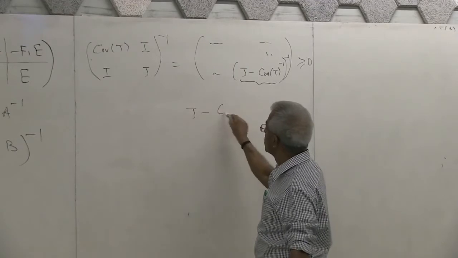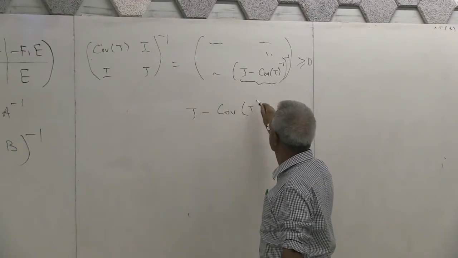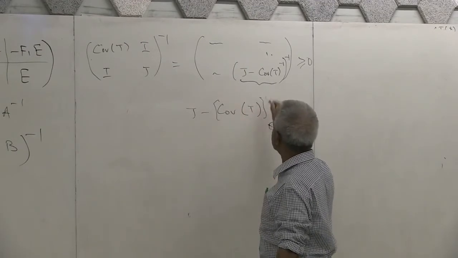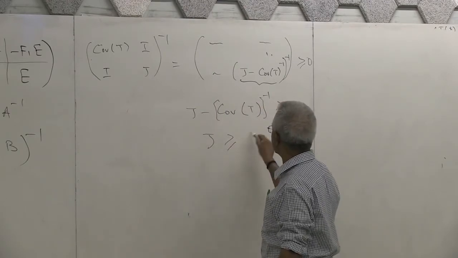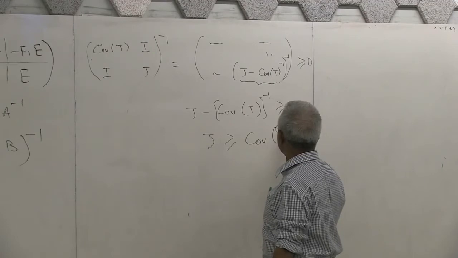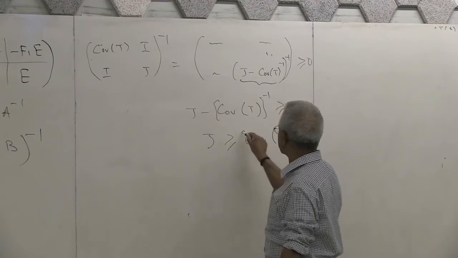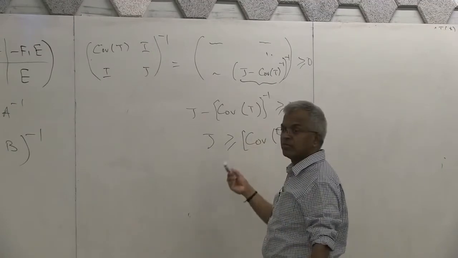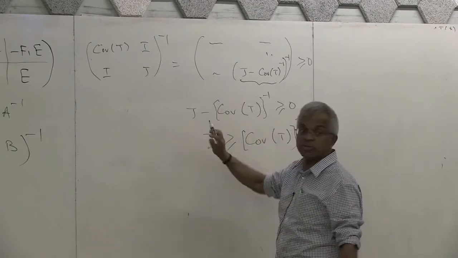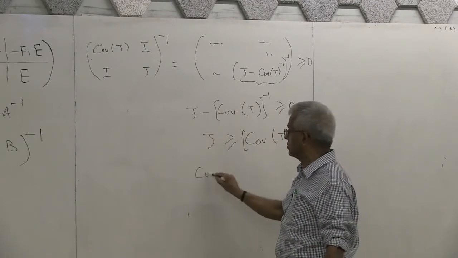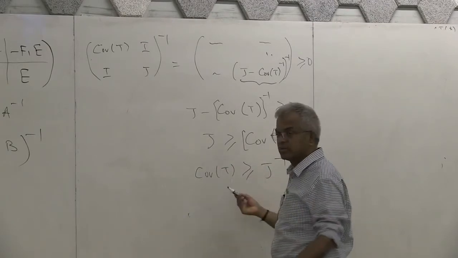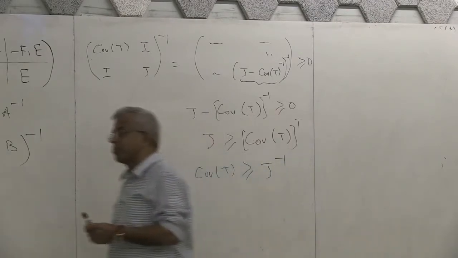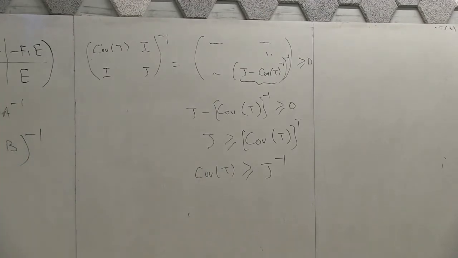So we have J minus covariance of T inverse is non-negative. So J is greater than or equal to covariance of T inverse. Then you take the inverse on both sides, and you get covariance of T is greater than or equal to J inverse. Another way to prove it, okay? But I proved it this last time.